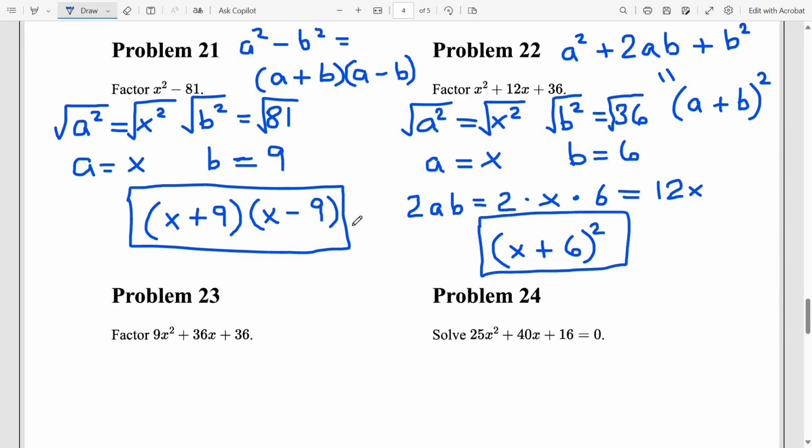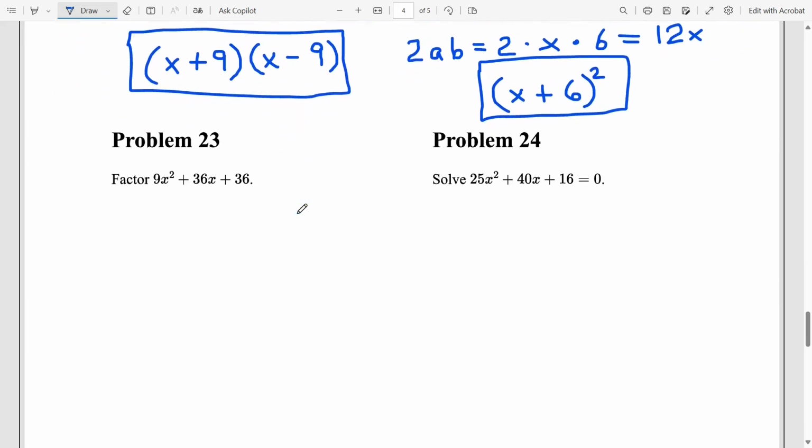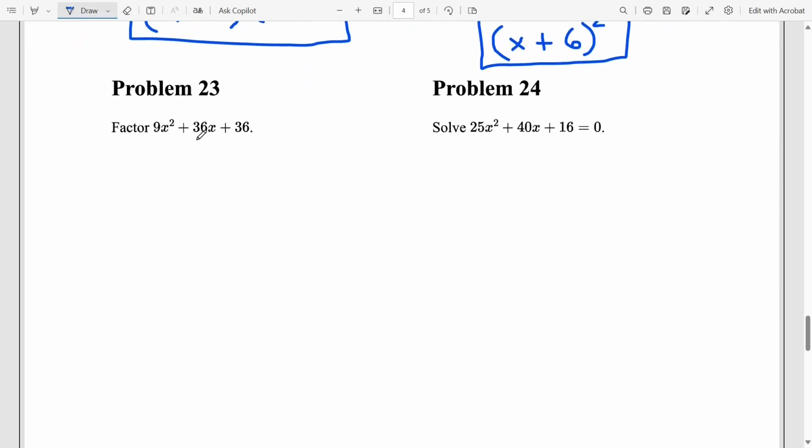All right. Let's keep going. This next one here says factor 9x squared plus 36x plus 36. So I'm thinking this is a perfect square trinomial. So let's check. A squared would be the first term, 9x squared.